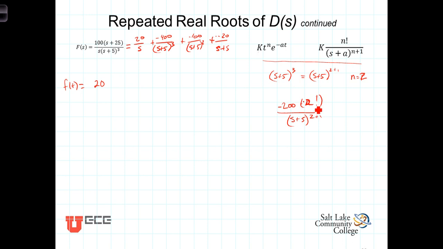We have the n factorial, which is 2 factorial, or just 2, over that. Thus this term corresponds back in the time domain to negative 200 t to the n, n is 2, so t squared e to the minus 5t.